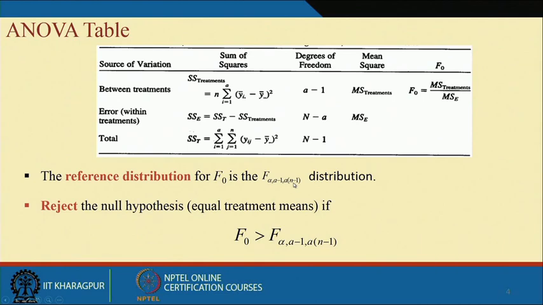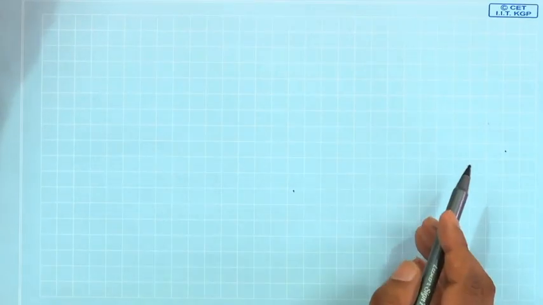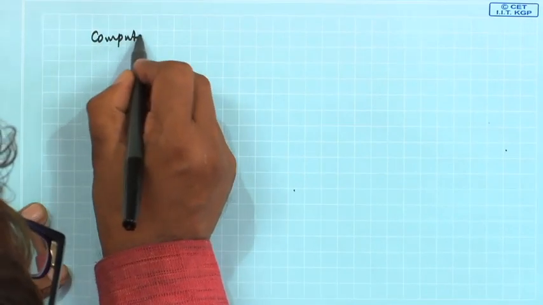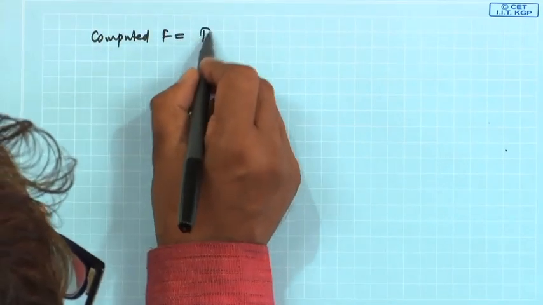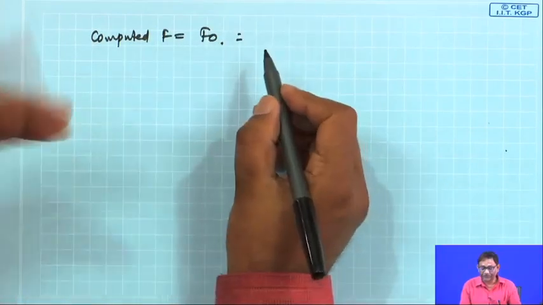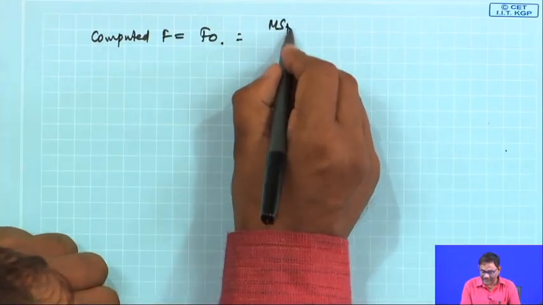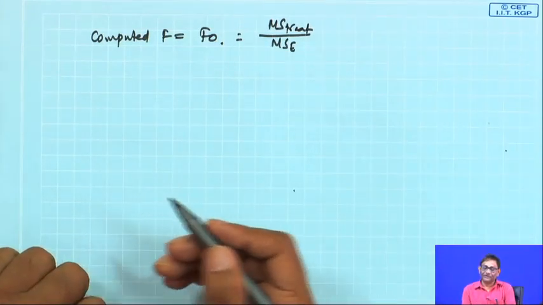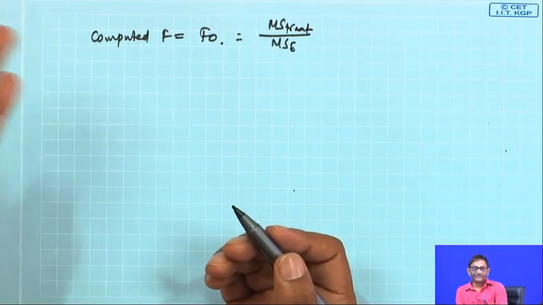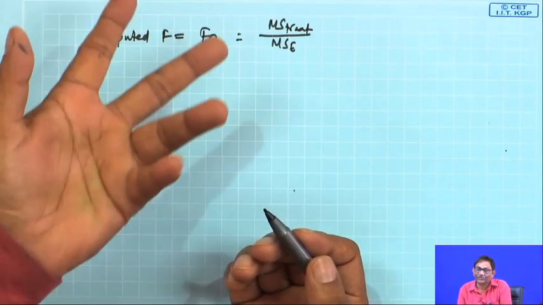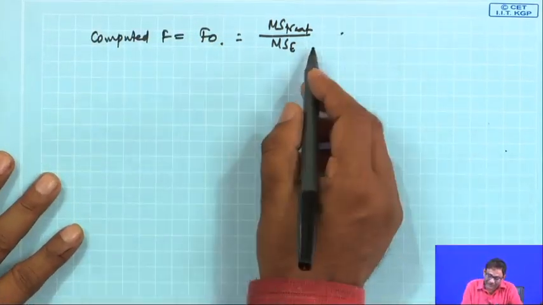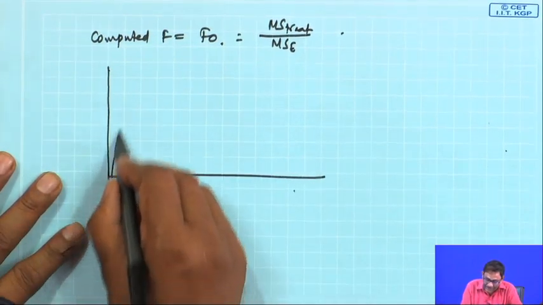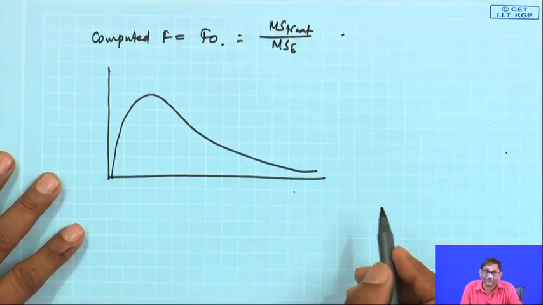So, now you have to do the hypothesis testing. You have computed F. Computed F is F0. How do you compute? Once you know MS treatment and MS error, you are in a position to compute, and you know how to compute SS from the data, so you will be able to compute this one. So, theoretically this follows an F distribution, something like this.